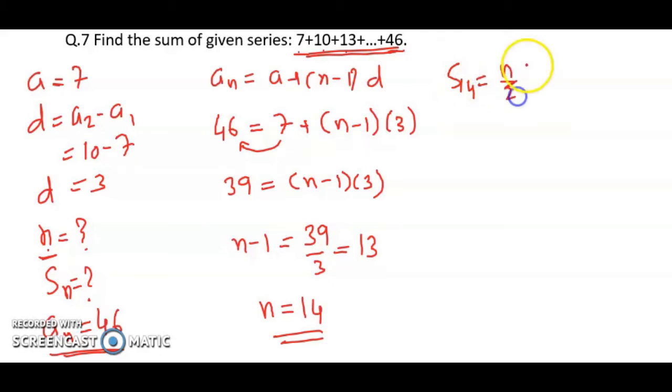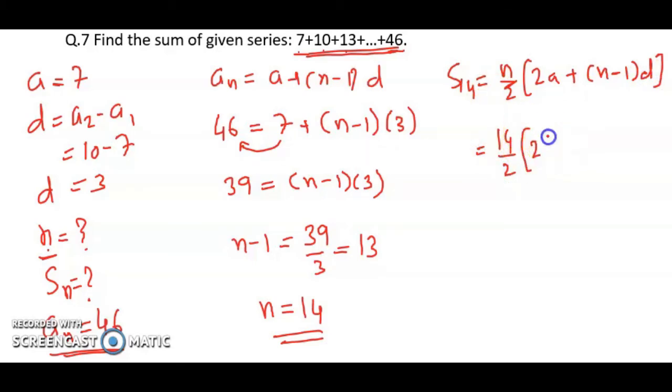The formula is n by 2 times (2a plus (n minus 1)d). n is 14, a is 7, n minus 1 is 14 minus 1, and d is 3.